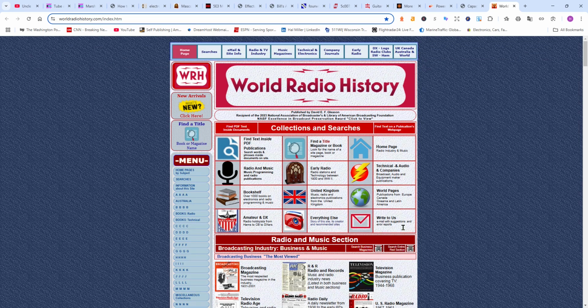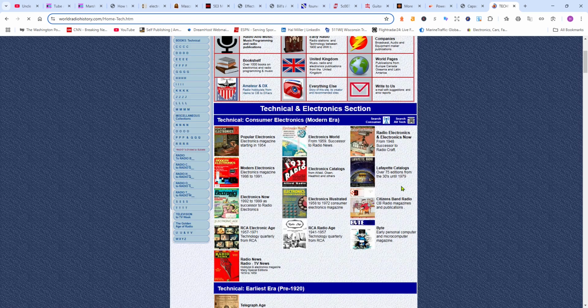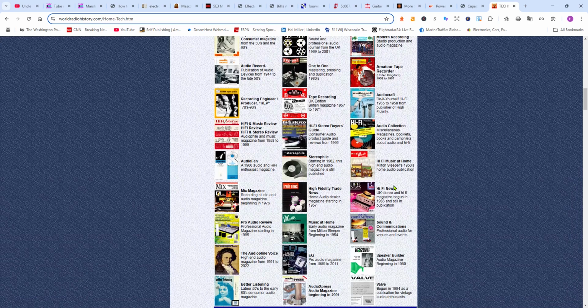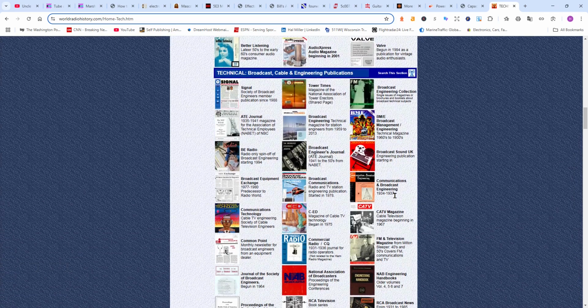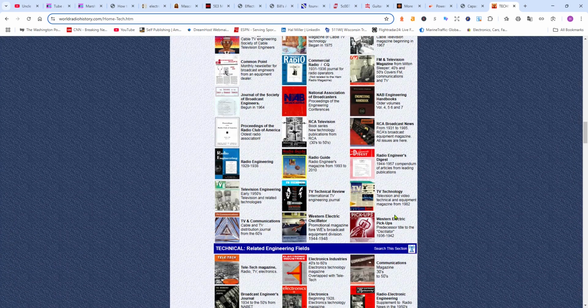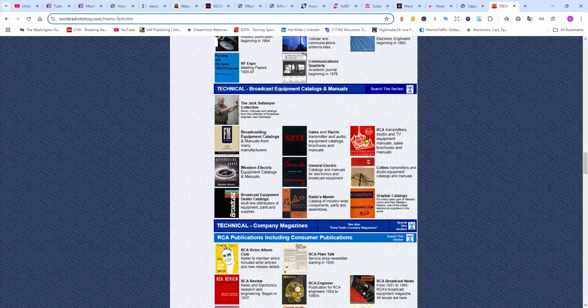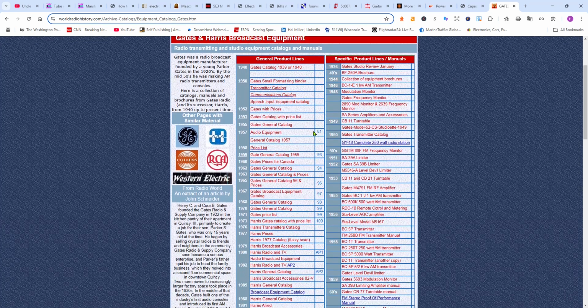And the one thing that I find very handy is actually catalogs of old gear. Sometimes, if you don't know the specs of a speaker or a transformer or something, you can find them here. For instance, these are studio tube gear. These are all Gates transmitters, communications.